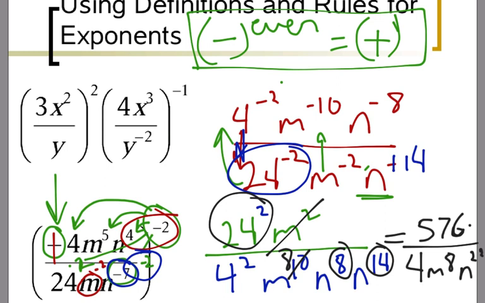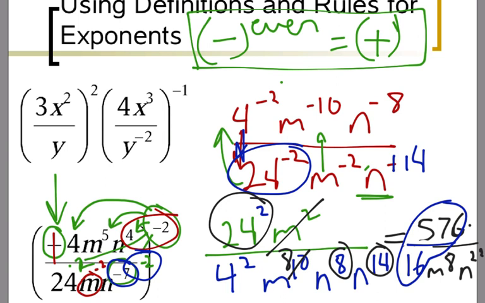So I've done all my exponents. And the only thing that's left is if I can simplify the 4 squared, which I should have written out as 16. And then if I divide the 576 by the 16, that'll reduce this to be a 36.